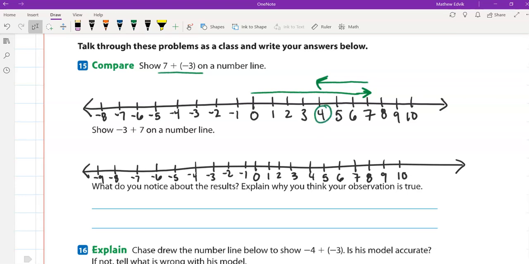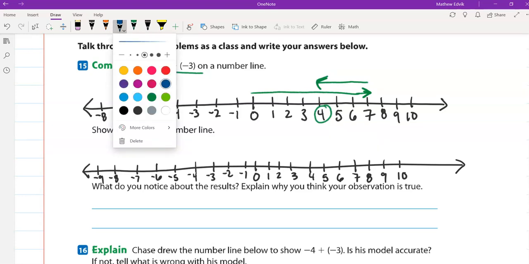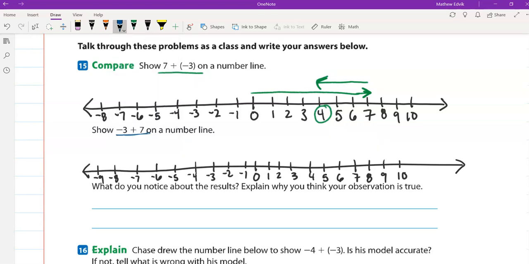And now, if we look at the next problem, which is negative 3 plus 7, and we start at 0 and go to negative 3, so we start there. And then we go plus 7, and we say 1, 2, 3, 4, 5, 6, 7.